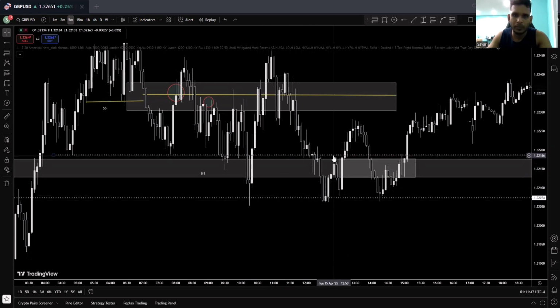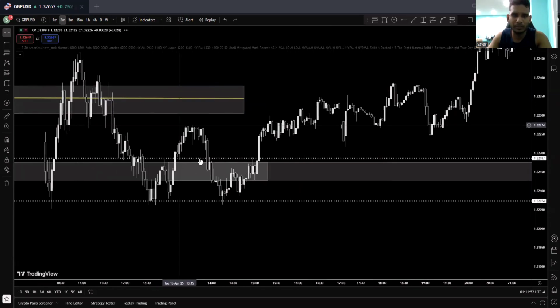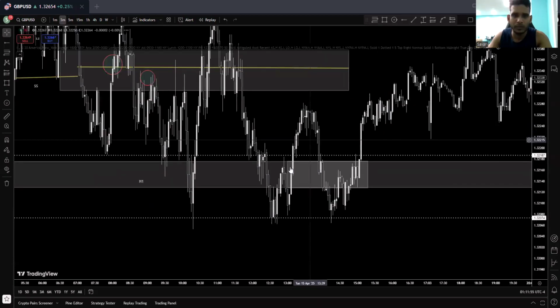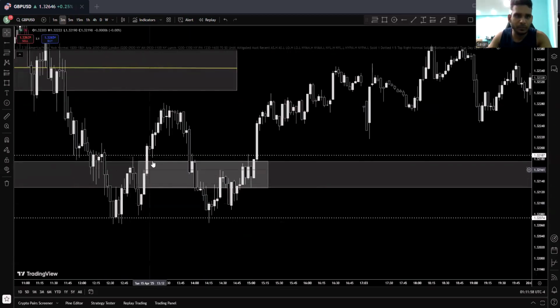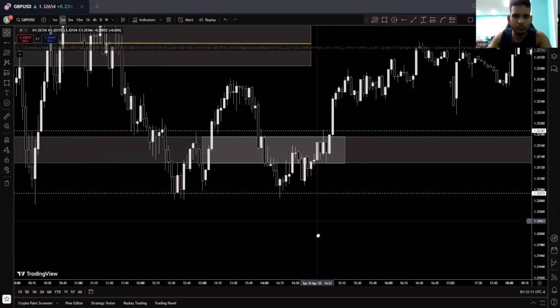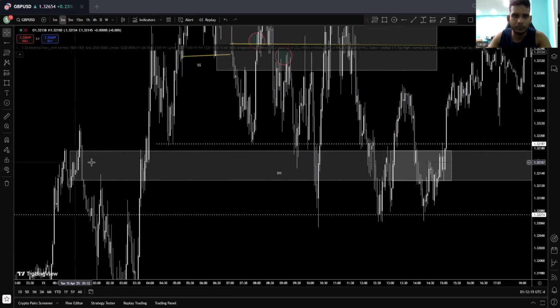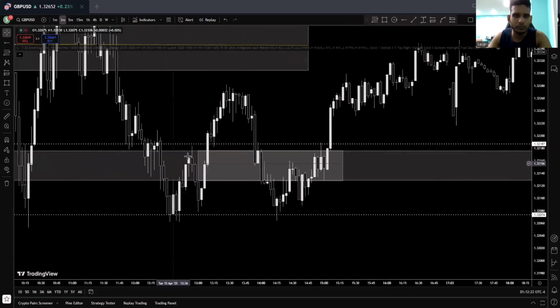Now it gives again a structure shift in 5 minute and 3 minute and every other time frame. It again gives a structure shift, comes back, a lot of fair value gaps. Comes all the way back.